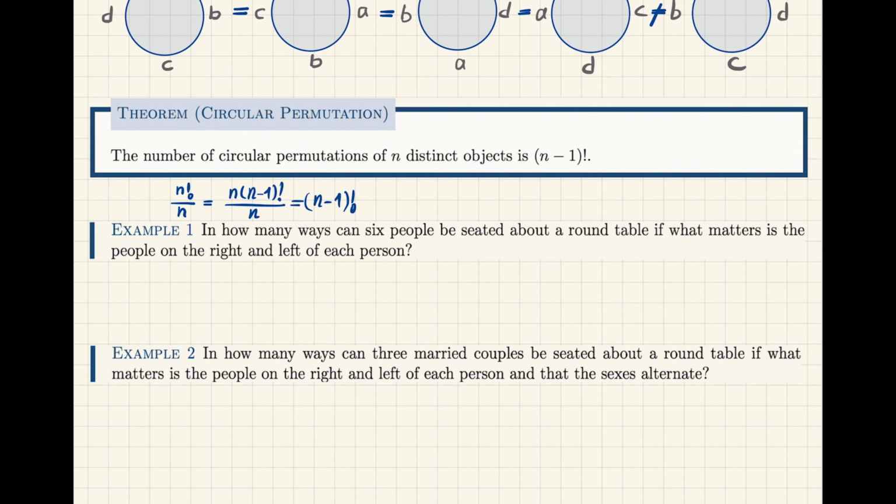So the answer is not 6 factorial according to the theorem above. We can write 6 minus 1 factorial, so the answer becomes 5 factorial. And if you want, you can calculate that, and it is 120.